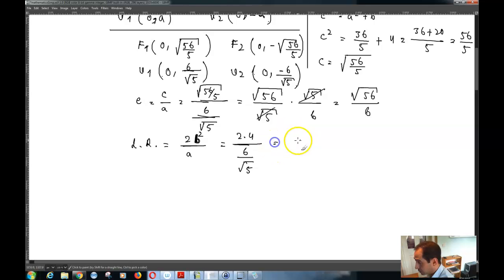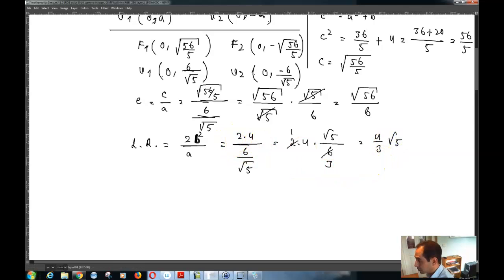So I can write this as 2 times 4 times the reciprocal of this, which is square root of 5 over 6, divide by 2, 3, divide by 2, 1, so that is 4/3 square root of 5.